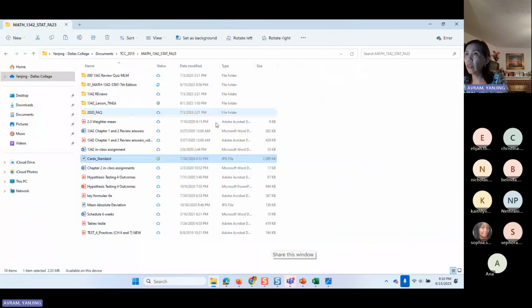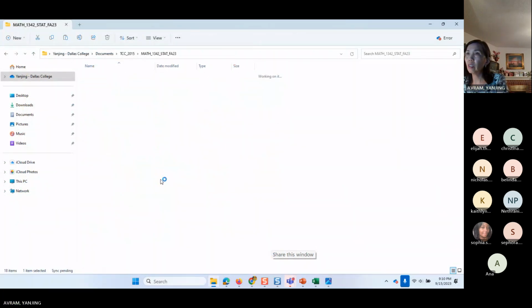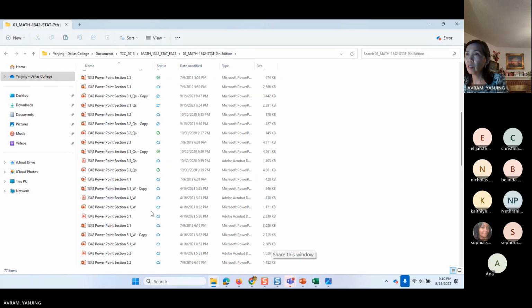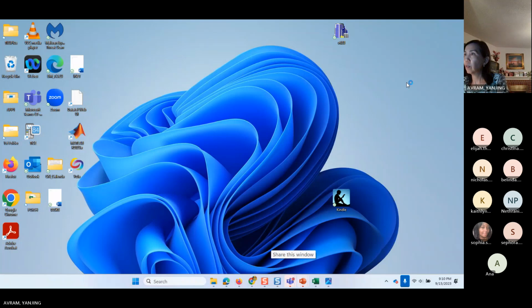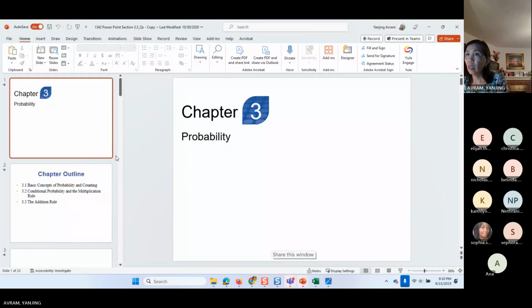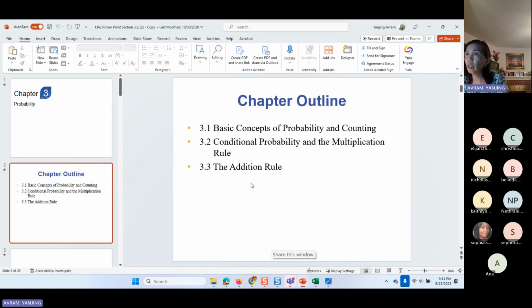We're going to look at the third section here, called the addition rule.